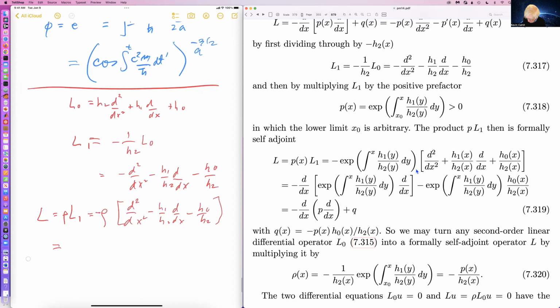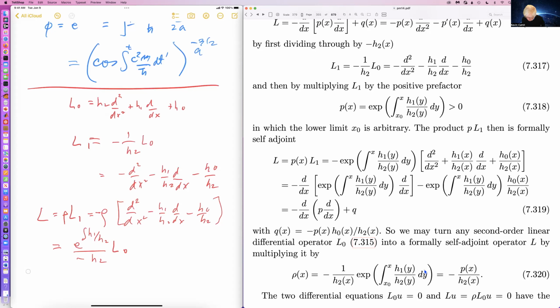You see, this rho is just simply the minus 1 over H2 times, in other words, it's e to an integral of H1 over H2, divided by minus H2. So in other words, rho is this expression here times L1, and it's that on L0.